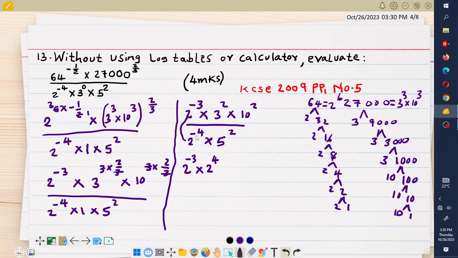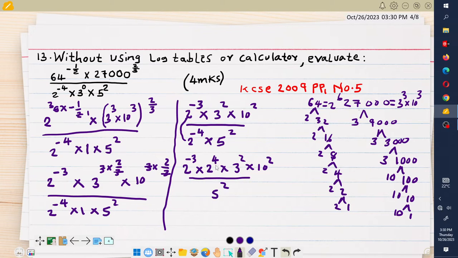If this one goes to the numerator, we negate the power, so the power changes to positive 4. Then times 3 to the power of 2, then times 10 squared, then the whole thing divided by 5 to the power of 2.